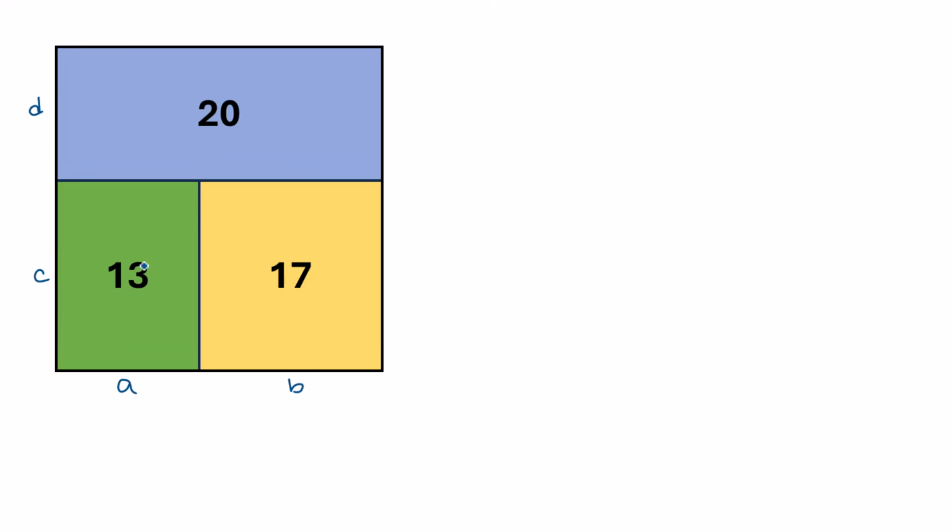Now, as this side length is A unit, this will also be A. And this is C, so this length will also be C. So the perimeter of this green rectangle will be A plus A, twice A, plus C plus C, twice C. So we can write twice A plus twice C. This is the perimeter of this green rectangle, which is given as 13.